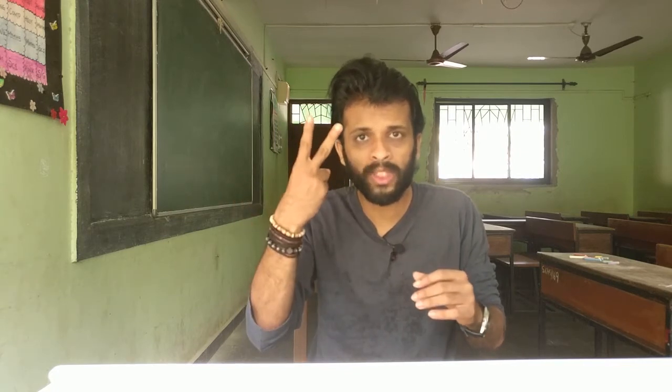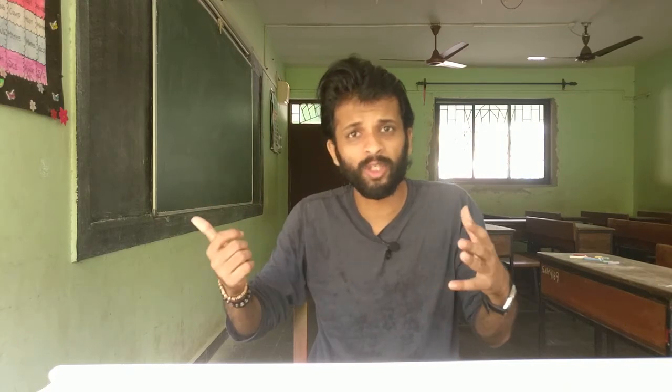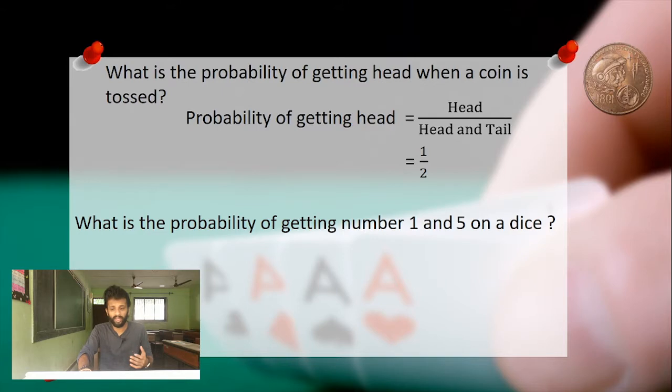So two options. So probability is what I want upon what I have, correct? So 2 options upon how many options are there? When I roll the dice, there are 1, 2, 3, 4, 5, 6 options in total, right? So 2 upon 6 is what I will get.